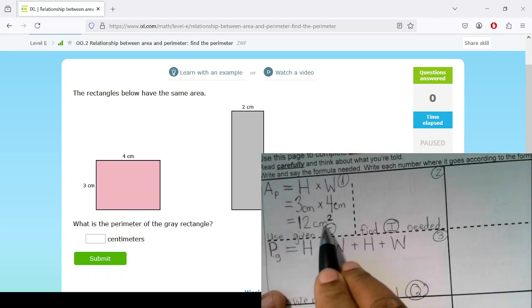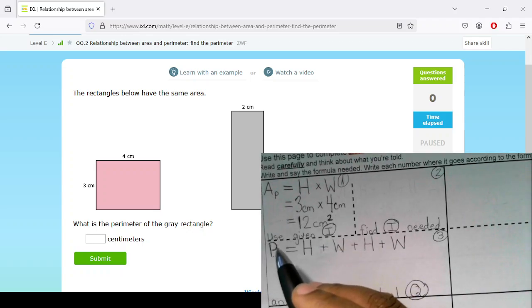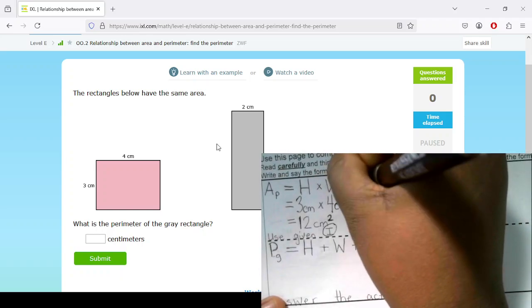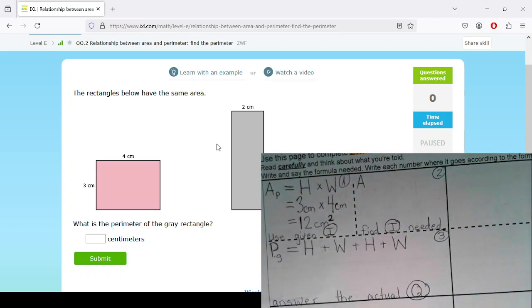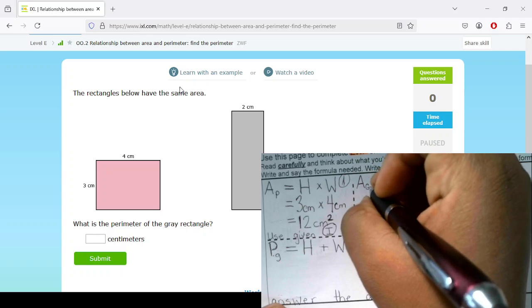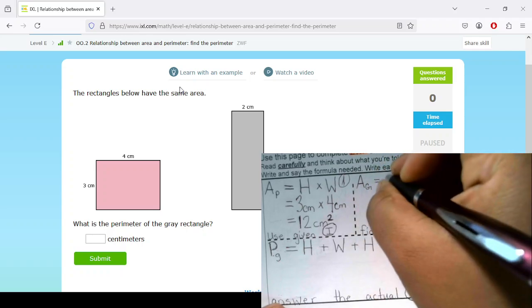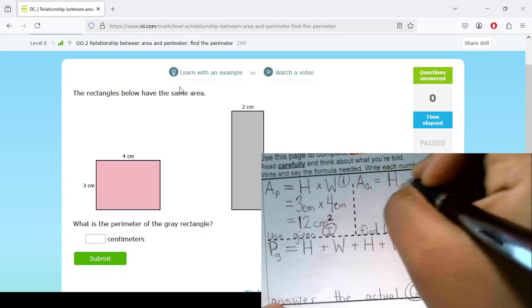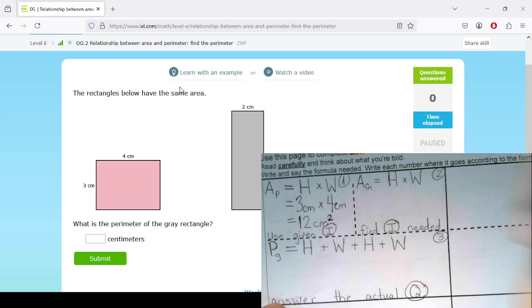So this is where I used the information that I was given. I was told that the rectangles have the same area, and I was told the height and the width dimension of this pink rectangle. So now I'm going to look at the area of the gray rectangle. I'm going to make that connection because they told me that the rectangles have the same area. So the area of the gray rectangle, and I'm going to use a G for gray, is still calculated by the height dimension multiplied by the width dimension.